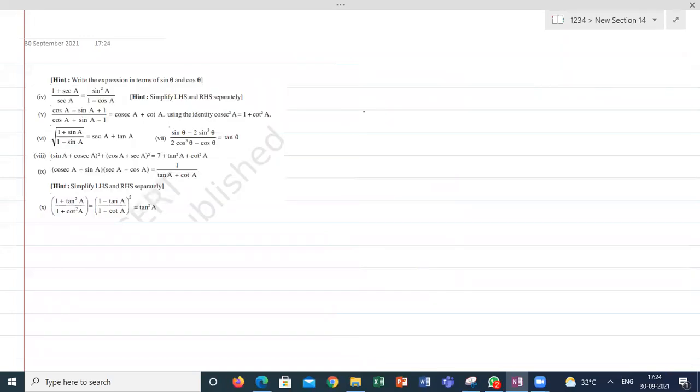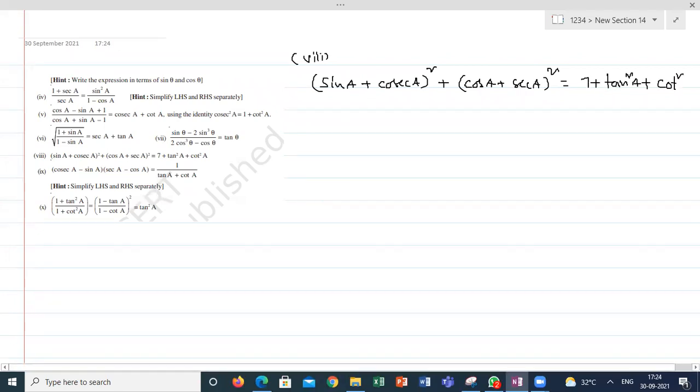The next one, the 8th one: (sin A plus cosecant A) whole square plus (cos A plus secant A) whole square is equal to 7 plus tan square A plus cot square A. This is my situation.